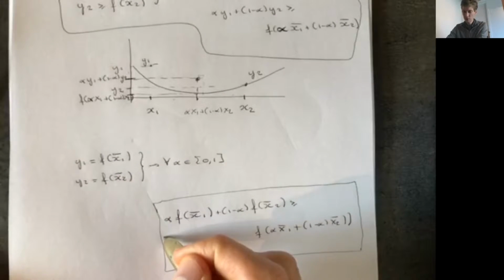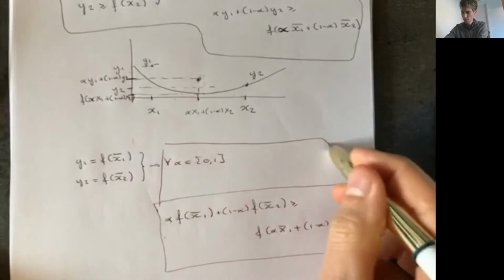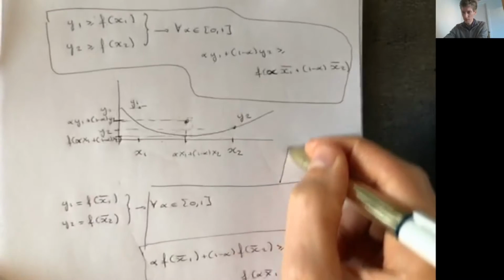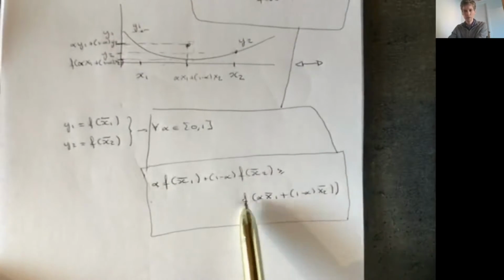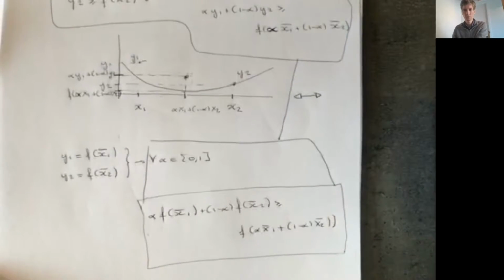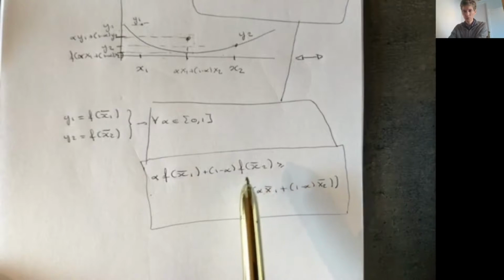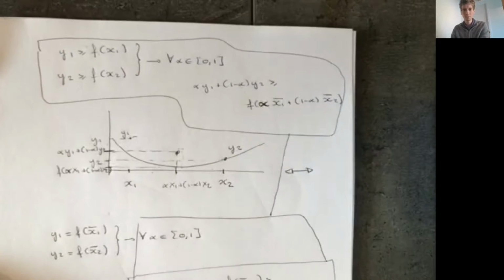And in fact, you can show that this definition here and this definition here are equivalent definitions. Either you can use this definition or you can use this definition. We already have shown that this implies this. Showing that this implies this is quite an easy exercise.